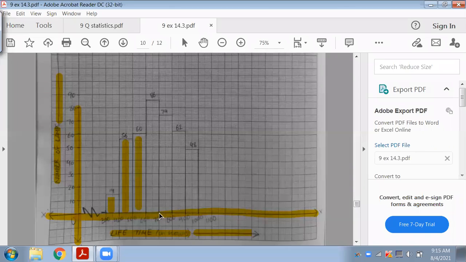Then for 600 to 700, the frequency is 86, so we're going to draw a bar till 86. Then for 700 to 800, the frequency is 74, so we're going to draw a bar till 74. Then 800 to 900, we're going to draw till 62 because the frequency is 62. Then 900 to 1000, we are going to draw a bar till 48 because the frequency is 48.